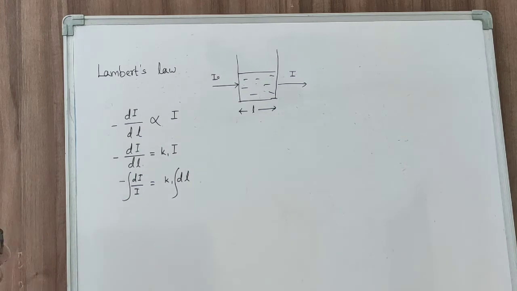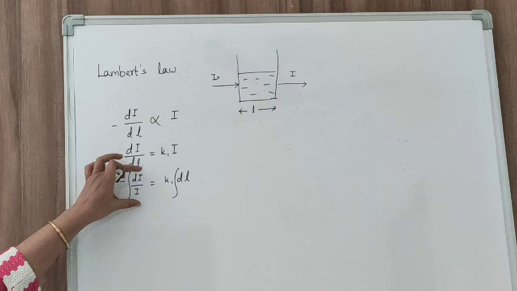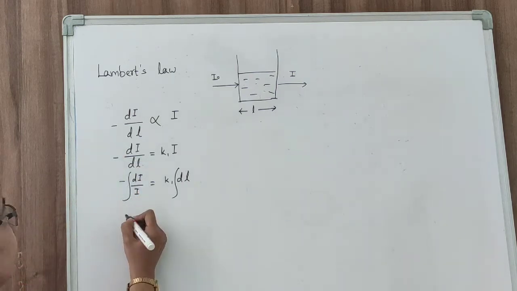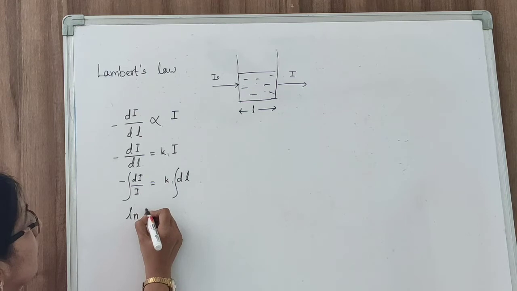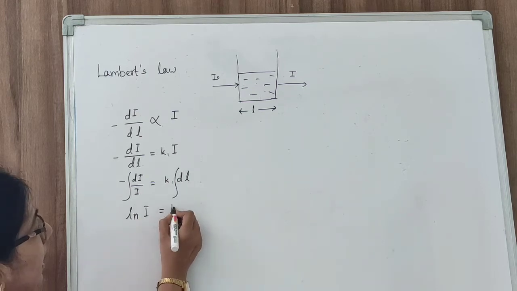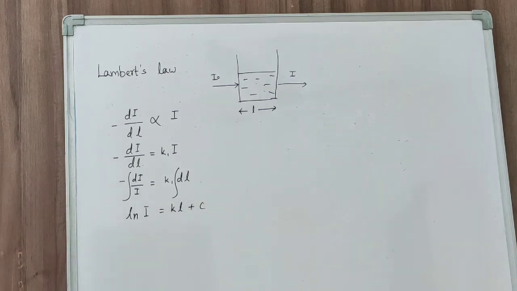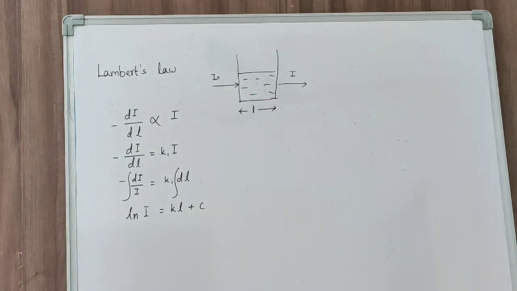K1 being constant we can take out, and we know the integration of dI by I is ln I, the Neperian logarithm. So minus ln I is equal to K1 L plus C, where C is the constant of integration, and we can find this constant of integration by initial conditions.